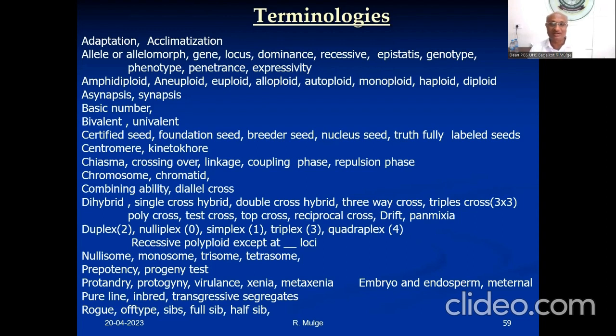That's how it is used in quantitative genetics. Otherwise, epistasis of digenic ratios is different. Whereas in polygenic, many genes are taken together and explained.